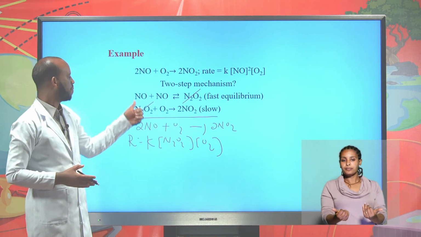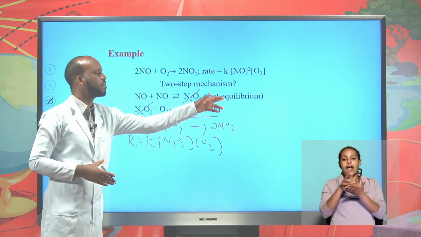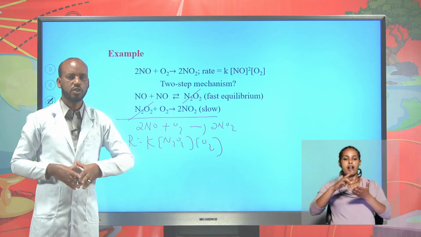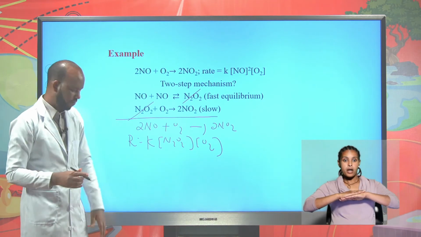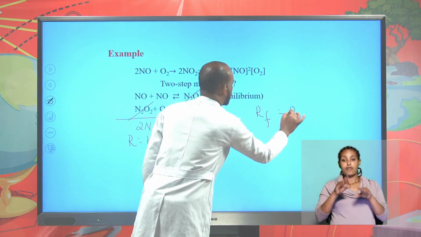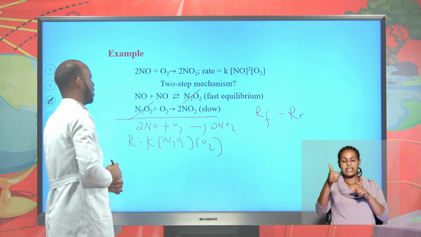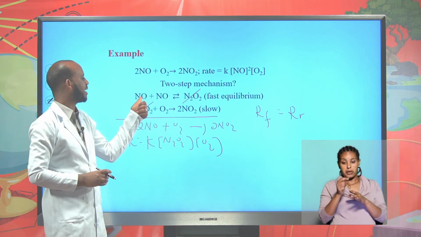Now, step 1. This elementary reaction is an equilibrium reaction. A reaction is said to be at equilibrium if and only if forward rate equals reverse rate. Now, the forward rate depends on concentration of the reactant.